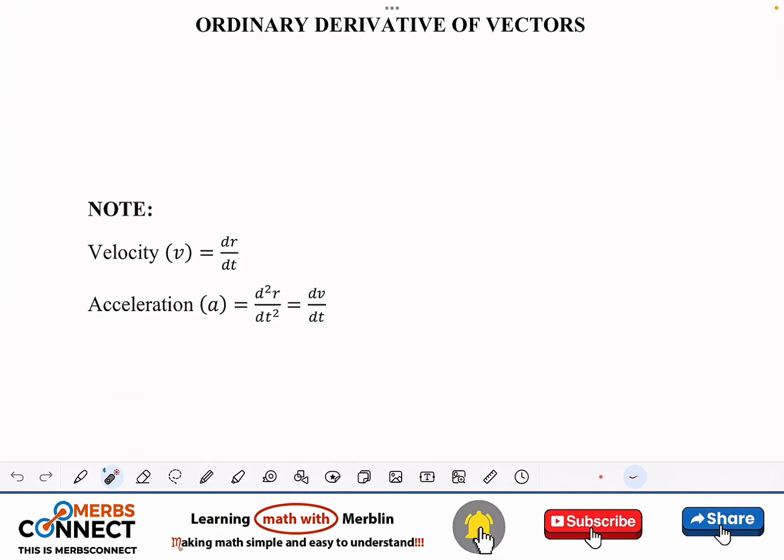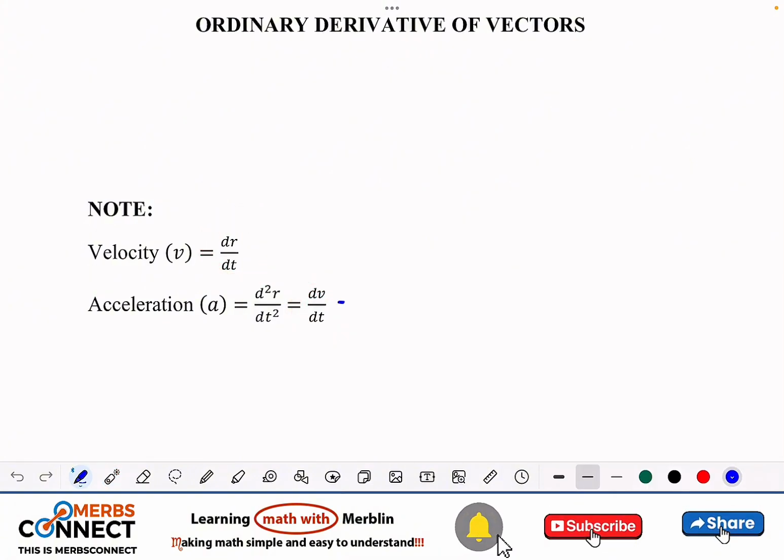And when you differentiate the parametric equation two times, you are going to get the acceleration. Or when you differentiate velocity, since this is the same as velocity, then when I differentiate a velocity, I also get the acceleration.